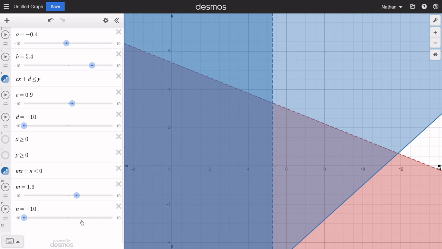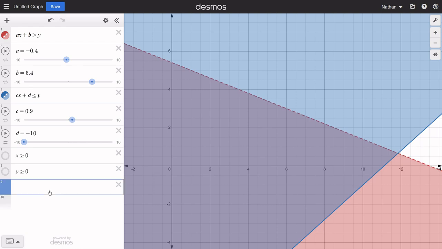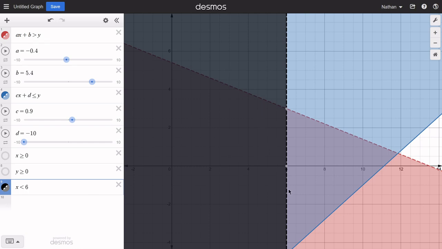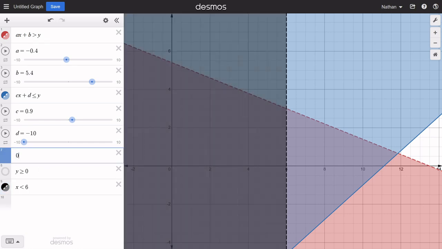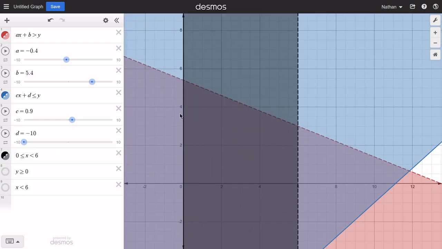Actually, let's say something like this, where x is less than 6. So in this case, we're saying x is hard capped at 6. It's greater than 0, but less than 6. So it's actually bounded between these 2 things. And I can show that all in one. If I do 0 is less than or equal to x, which is less than 6, then this creates that bounded region. And now we're only in this space here because, again, y has to be positive. And so we're only in this small region here.